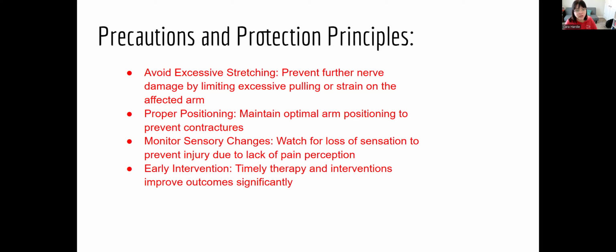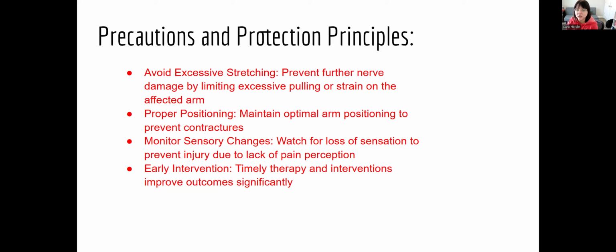And then monitor sensory changes, watch for loss of sensation to prevent injury due to lack of pain perception. Again, if your infant can't feel that arm, they verbally can't tell you that it's in pain. So you just don't want to continuously stretch on that and make it worse. And again, that leads into how you dress your infant, how you carry your infant, and all of that.